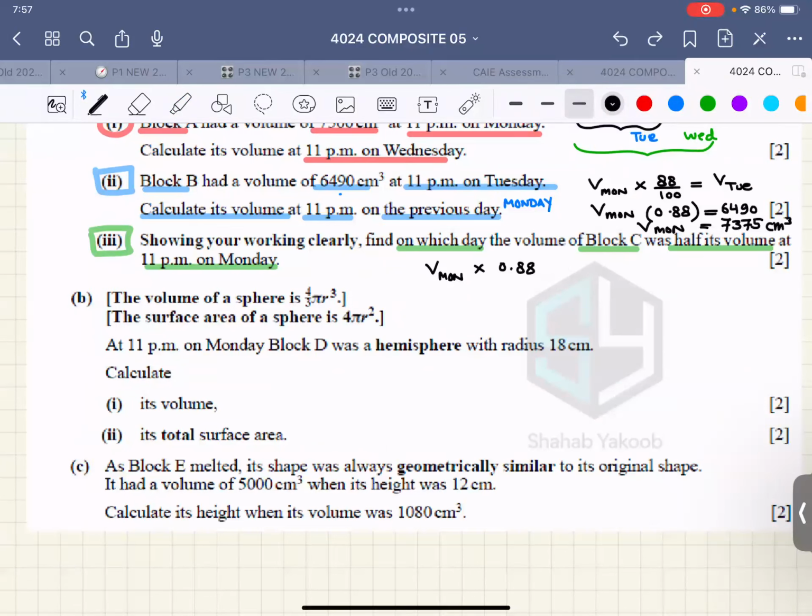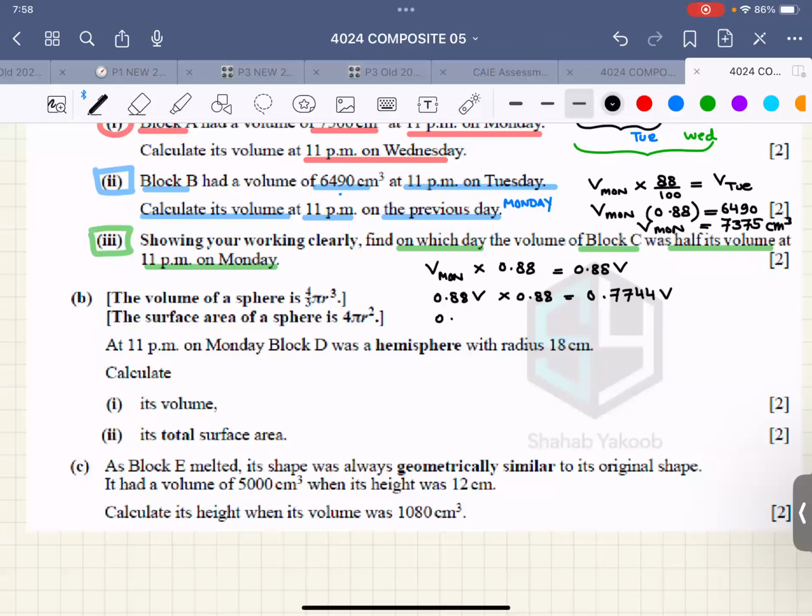First of all, if I multiply by 0.88, this is 0.88V. If I take 0.88V and then again multiply by 0.88, let me double check, 0.88 into 0.88 is 0.7744V.